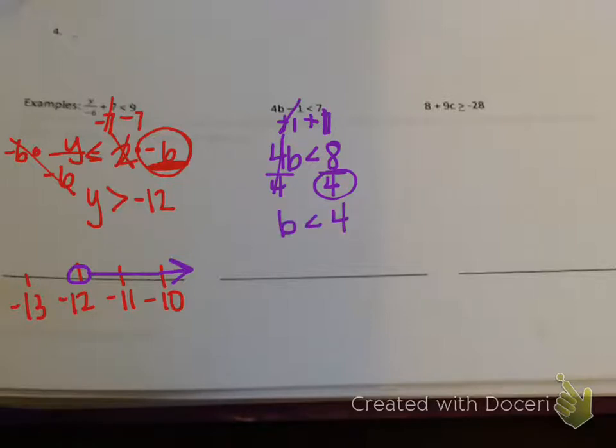B is less than 2. So when I go to graph it, I have an open dot on the 2 because there's no equal sign, and b is less than, which is to the left.